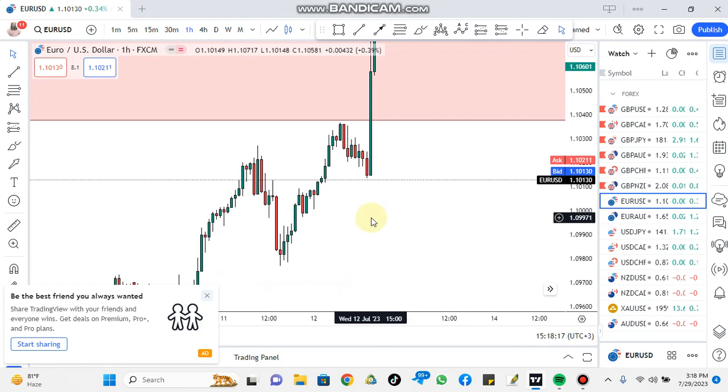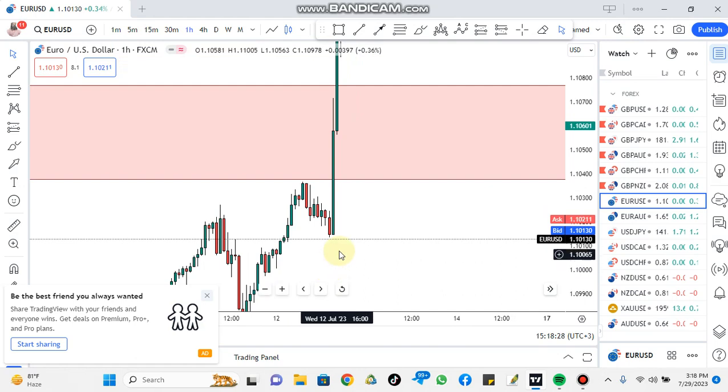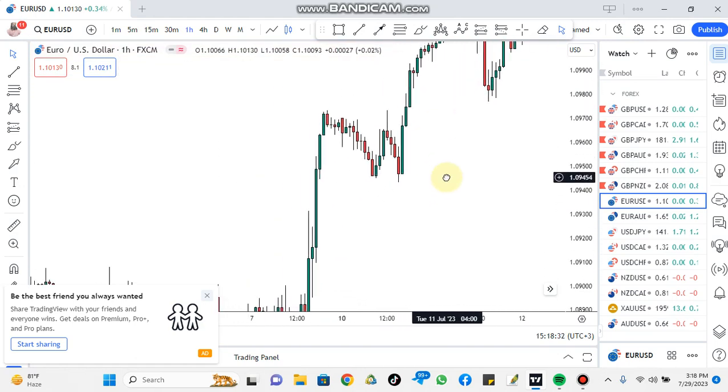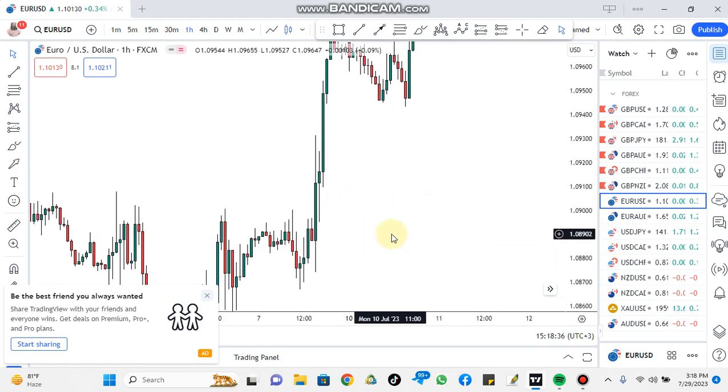There are different types that are always formed: triangle patterns, pennant flags, and rectangle patterns that are formed every time you look into the charts. You're going to see something forming, consolidating, and then breaking that structure.